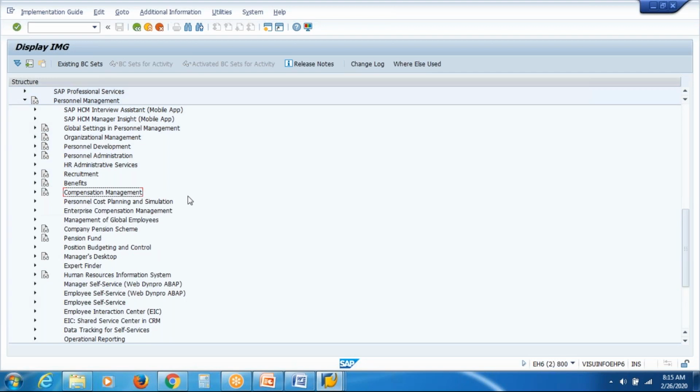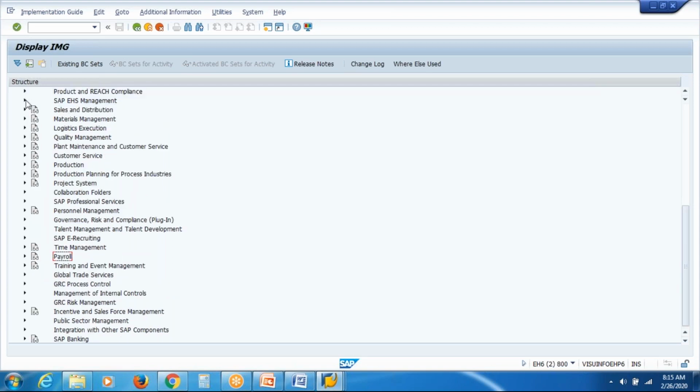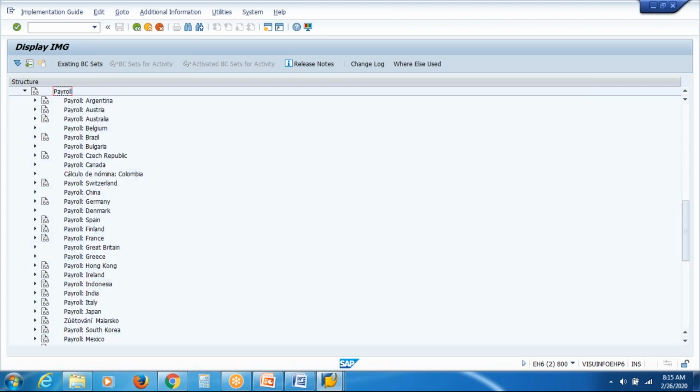So after the benefits, you have payroll, and for payroll you have country-specific payroll nodes. If you execute payroll, you see different nodes for the country-specific payroll, because payroll has to be country-specific. There are different country-specific statutory norms, and the organizations have to be compliant with all these norms.